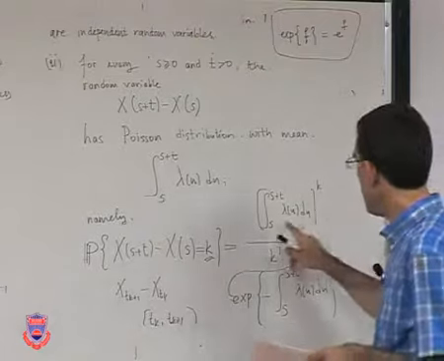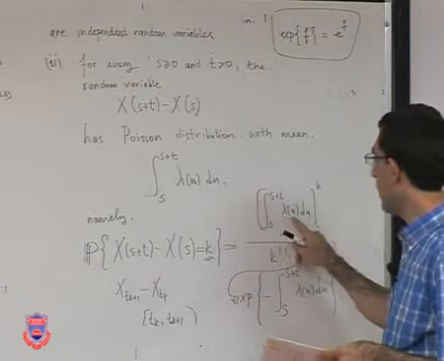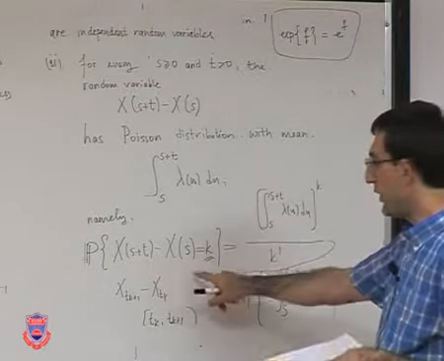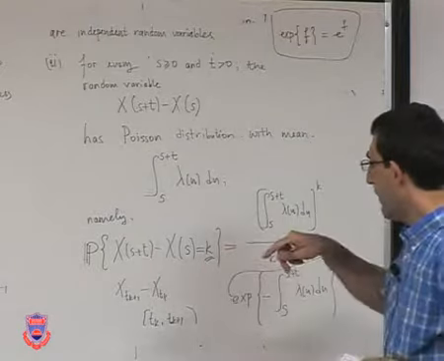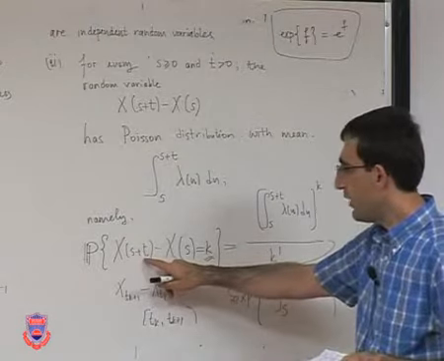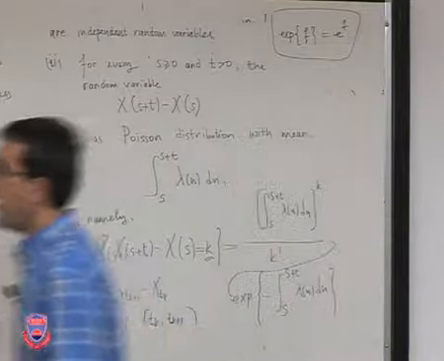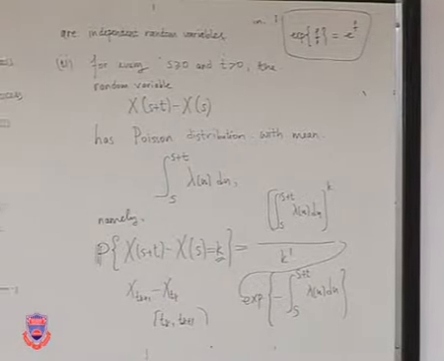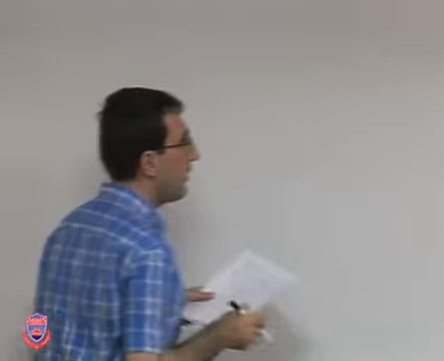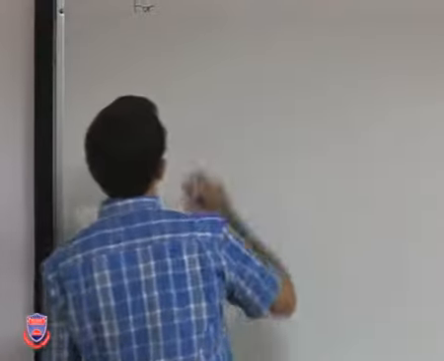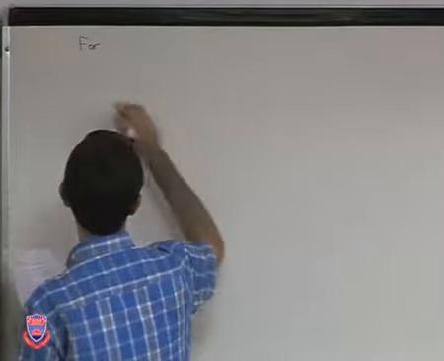But to understand the physical role of lambda t, we have to play a little bit more with this. Take, for example, a small interval. Let us calculate that probability for any k, and then try to understand what lambda has to do with this process.